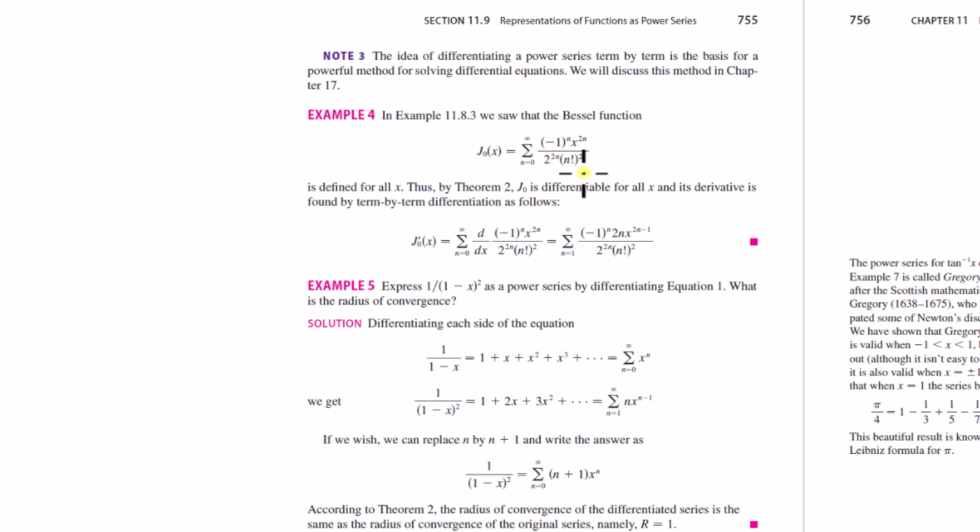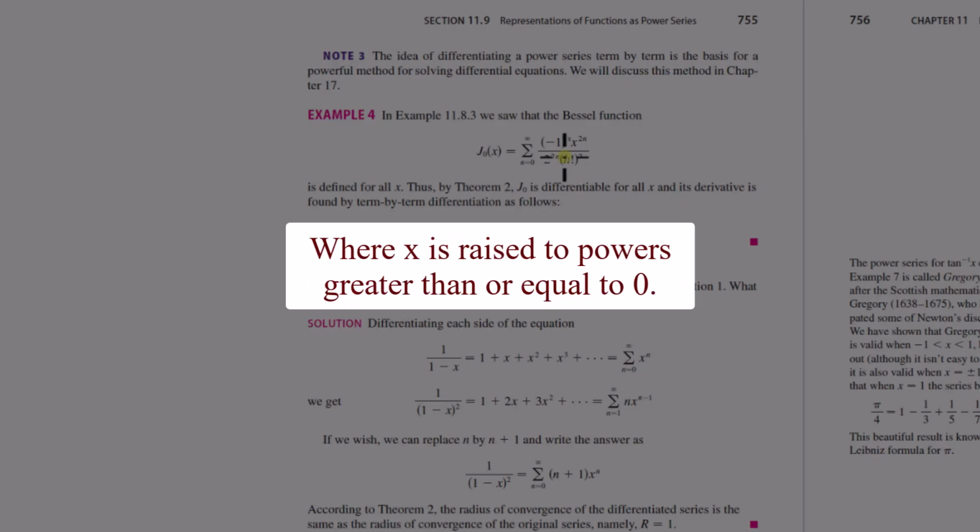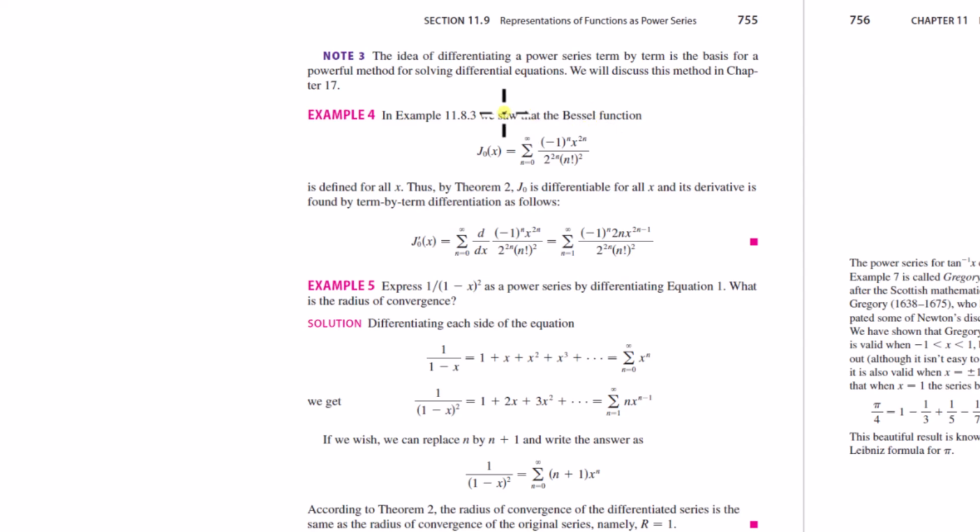It's not geometric because this c sub n is not constant for every n, but this is absolutely a power series. It's a common ratio with just a c sub n coefficient multiplying it, centered at 0. And we saw that the radius of convergence was negative infinity to infinity.